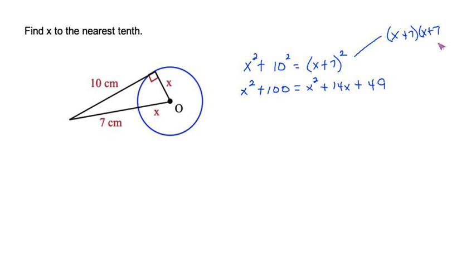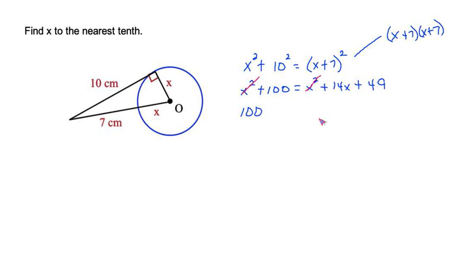And you combine those middle like terms and you get x squared plus 14x plus 49. Now, the next thing I notice is when I go to get everything on one side and I subtract x squared from both sides, they're just gone. So that leaves me with 100.